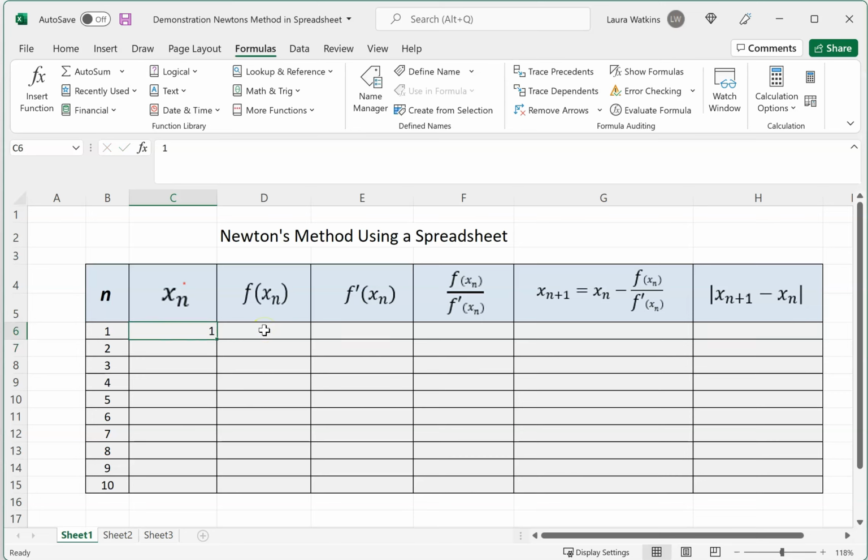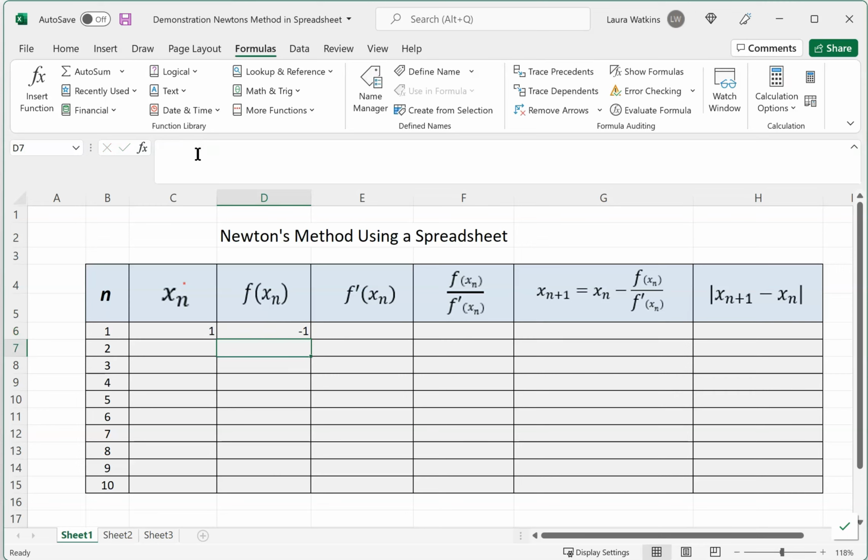Now, we said that the function itself was 2x squared minus 3. We could type in, and notice up here in this bar, there's this f of x. We're going to insert a function here. We could say this equals, we want to evaluate our function at 1. I could just type in 2 times 1 squared minus 3.